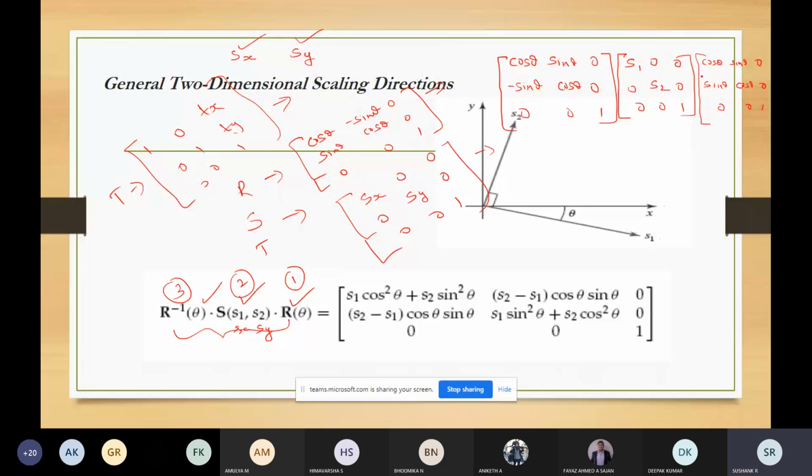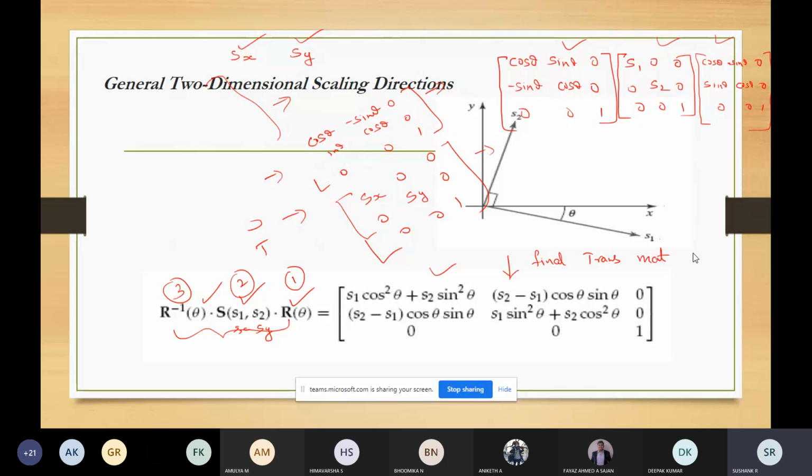So if you perform the matrix multiplication of these three things, you will get the final result. You can just cross verify. If you perform the multiplication of these three matrices, this will be the final transformation matrix which you will be obtaining.